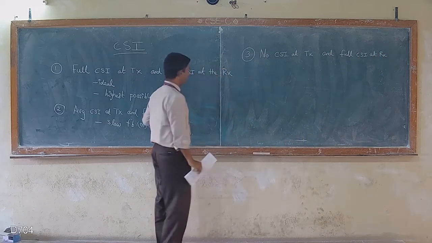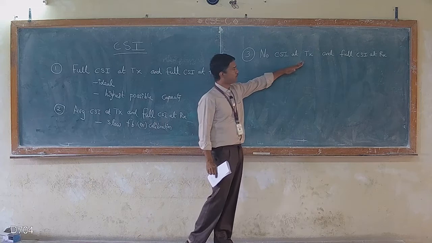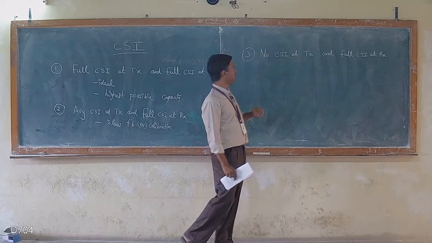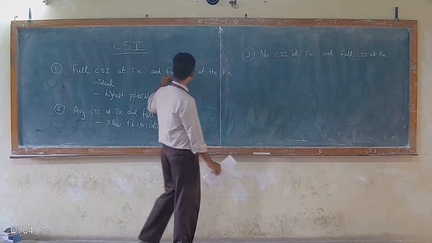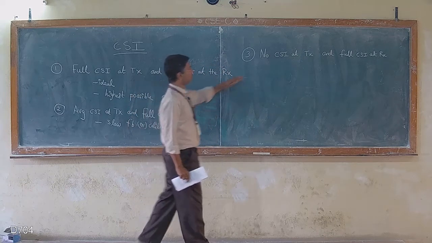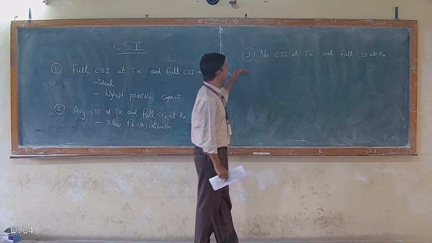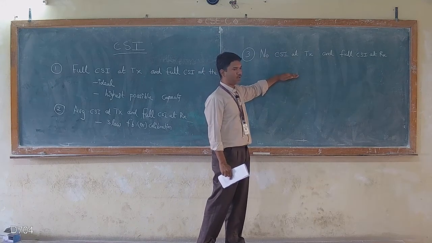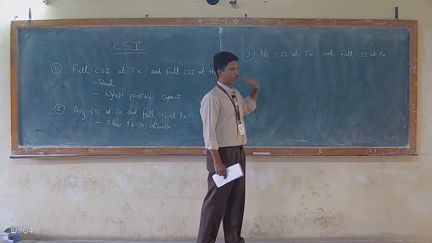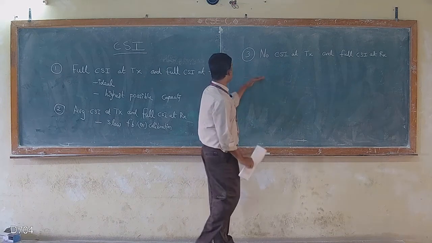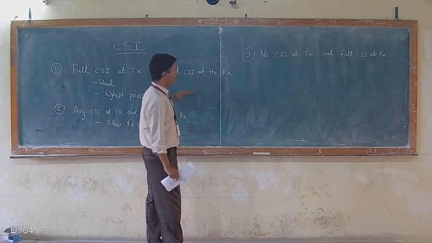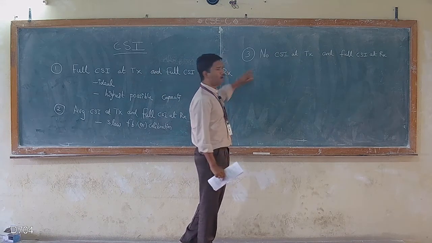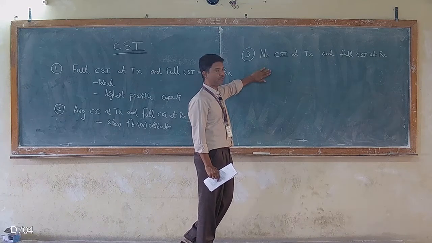So in all the three cases, we assume the receiver knows the instantaneous channel variation, but different amounts of channel state information at the transmitter. So in the third case, the transmitter is not at all using any channel information for its transmission. So this is easier when compared to all these. So it does not require any calibration or it does not require any feedback.